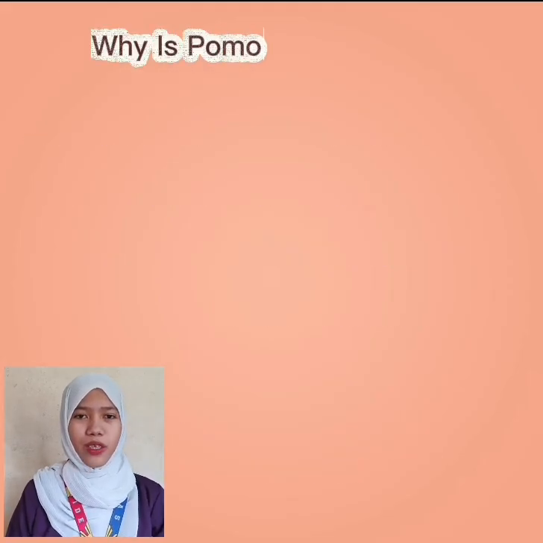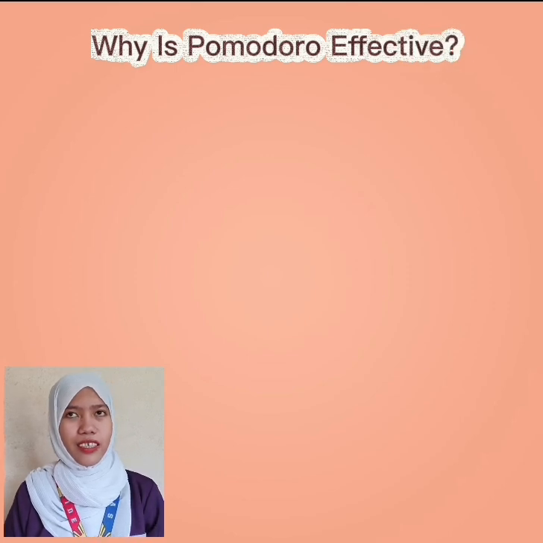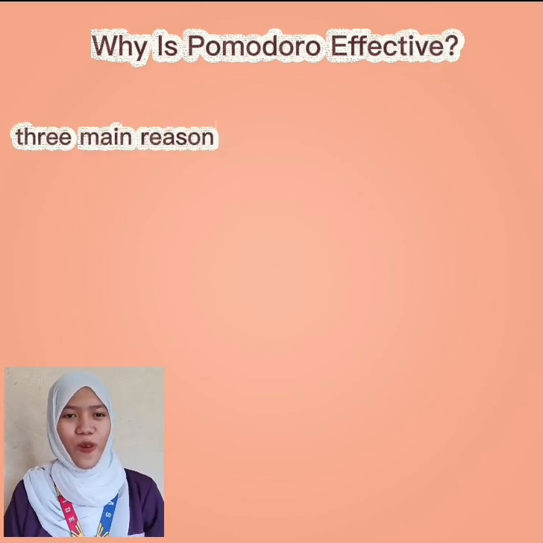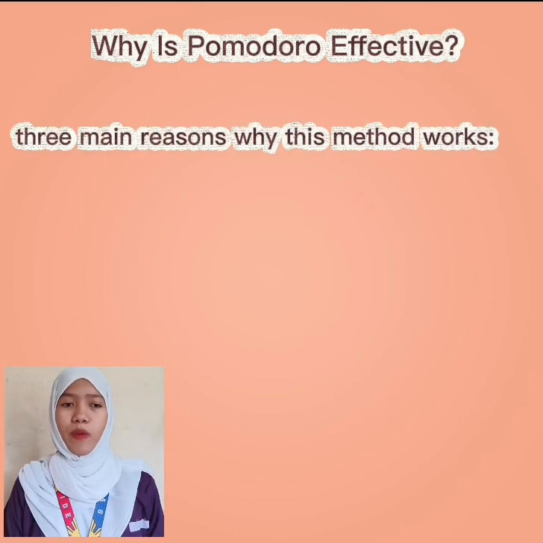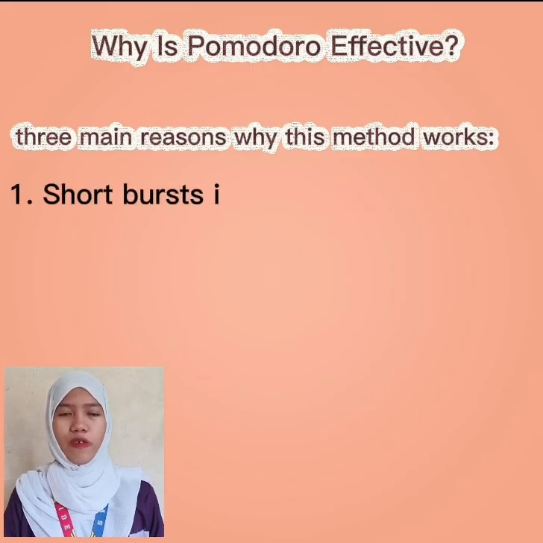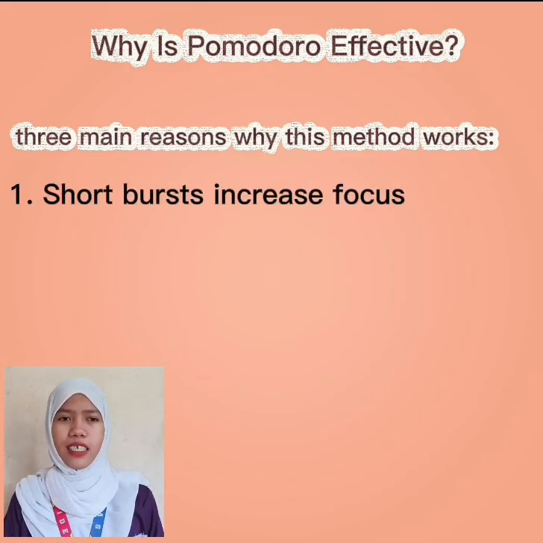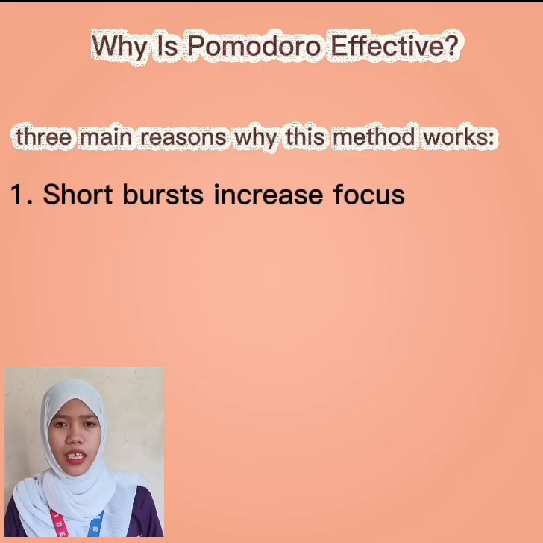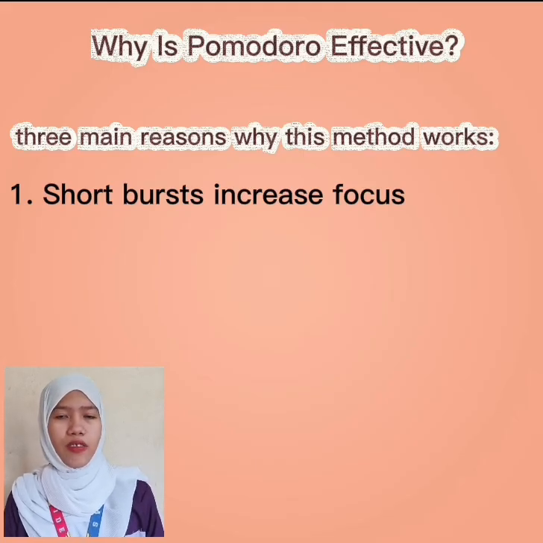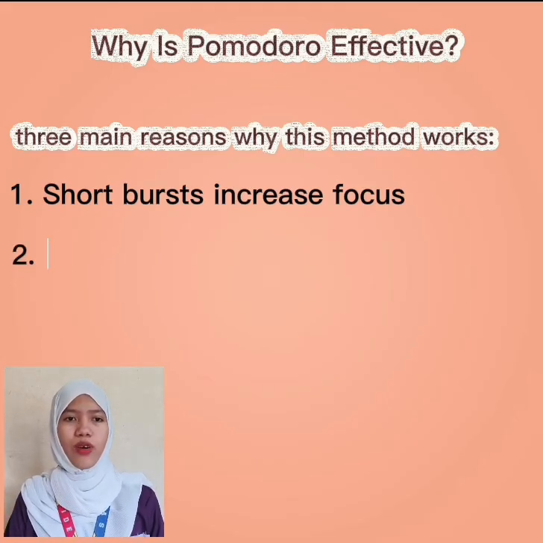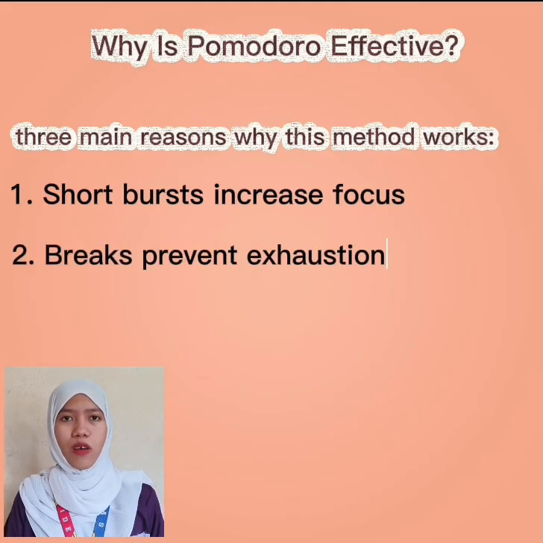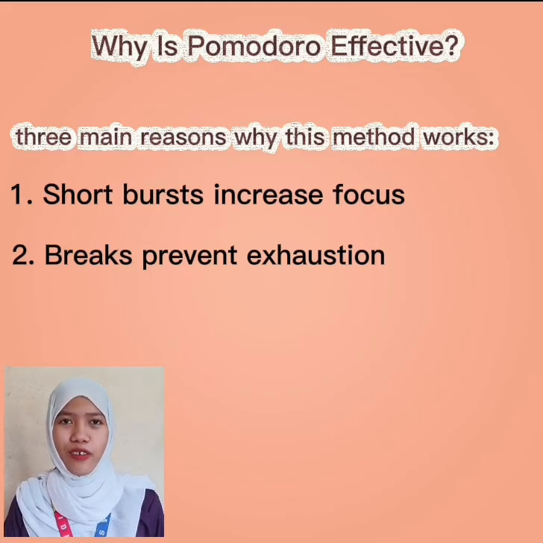Why is Pomodoro effective? These are the main 3 reasons why this method works. Number 1, short bursts increase focus. 25 minutes is long enough to accomplish something, but short enough to avoid burnout. Number 2, breaks prevent exhaustion. The 5 minute break allows your brain to rest.